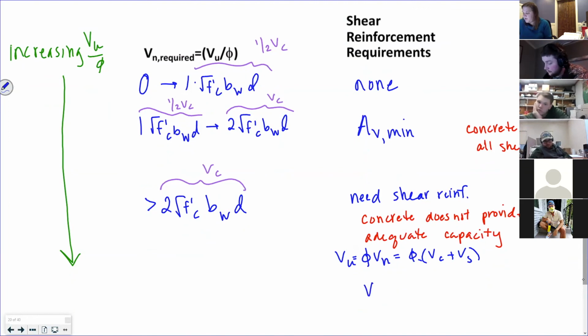I need enough shear reinforcement to provide capacity for ultimate shear minus how much I'm getting. My nominal shear, Vu over phi, is my nominal, subtracting out how much I can count on from my concrete.